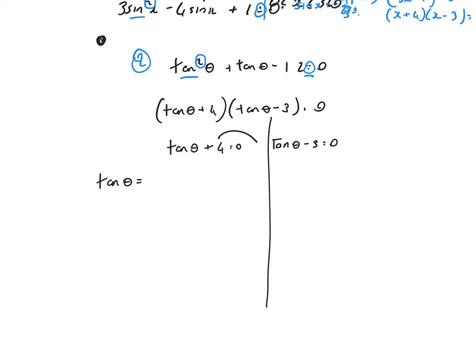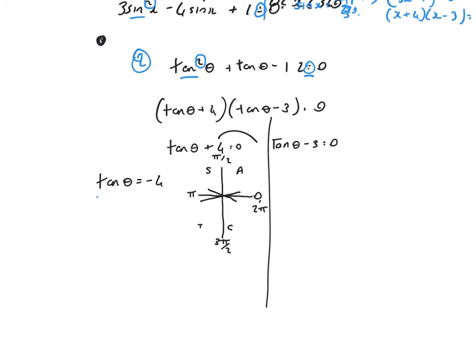Tan theta equals minus 4. Let's get the CAST diagram down. 0, pi over 2, pi, 3 pi over 2, 2 pi. Okay, so what's my next move?